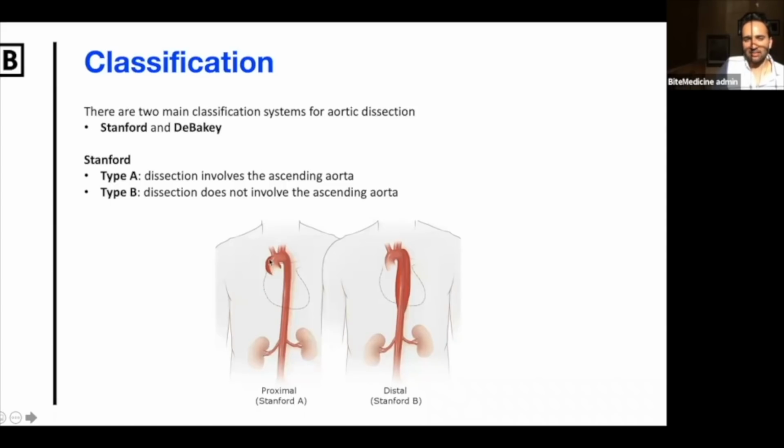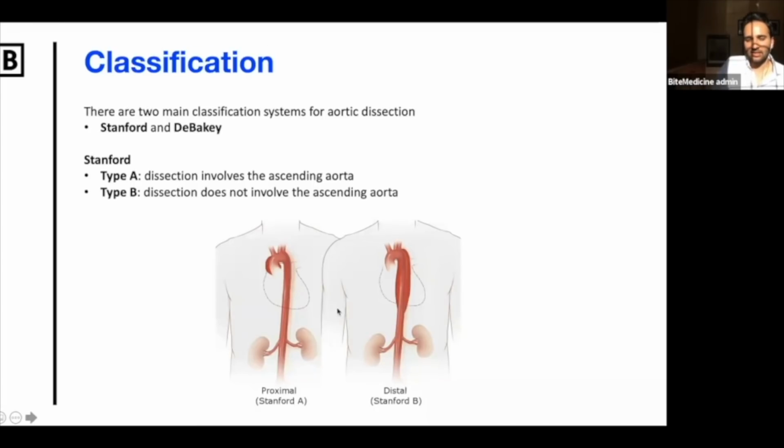So type A affects the ascending aorta. As you can see here, the aorta comes up here, and the dissection occurs somewhere along that region. Now, once again, a common exam question is, how does this relate to the anatomy? Well, a type A dissection occurs proximal to the left subclavian artery. A type B dissection occurs distal to the left subclavian artery.